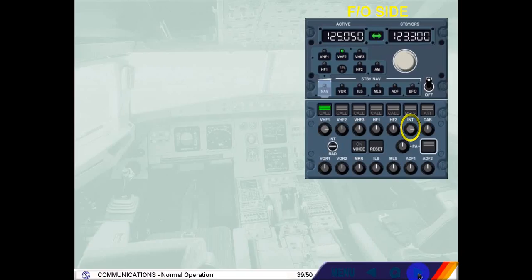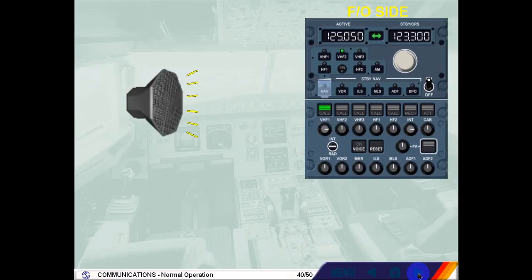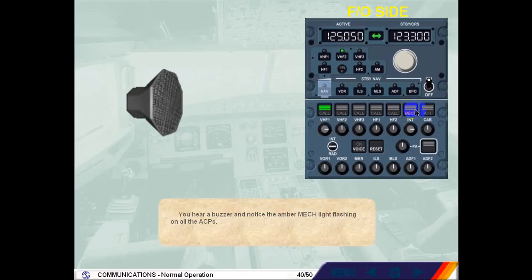Let's now look at a call indication from the ground crew mechanic. You hear a buzzer and notice the amber MEC light flashing on all the ACPs.